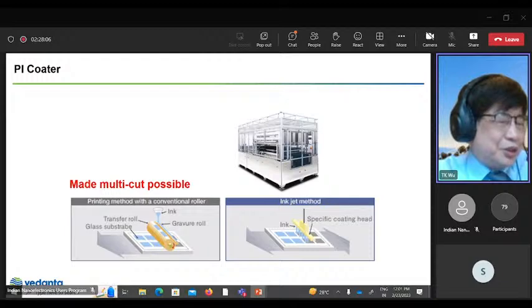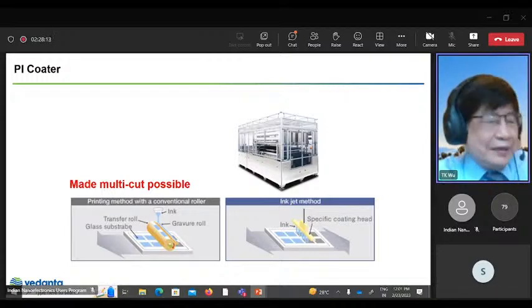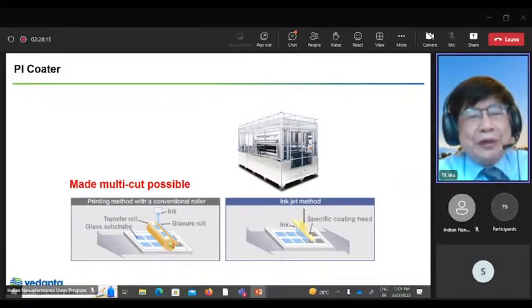And then the Japanese invented the APR coater. With such a coater, we can dispense the polyimide layer only on the panel portion, and the bonding pad portion would not be coated with polyimide. And then we can have multiple panels on one substrate.